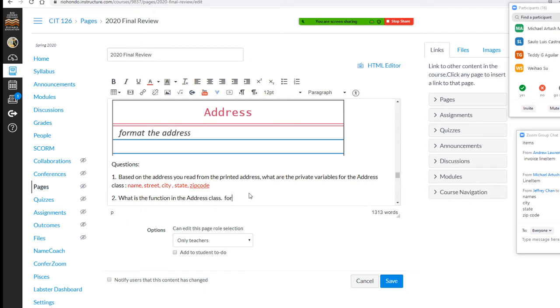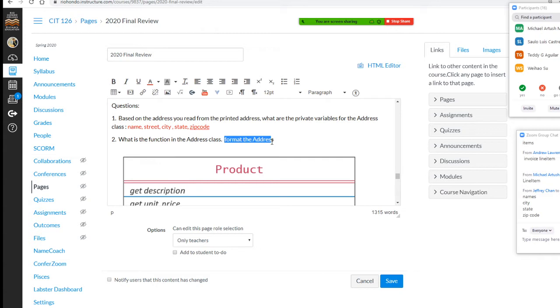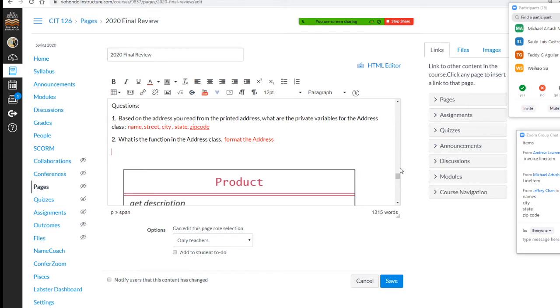So you are trained to see what is the function of the address. What? Format the address. How do you format it? How does the address class format the address?